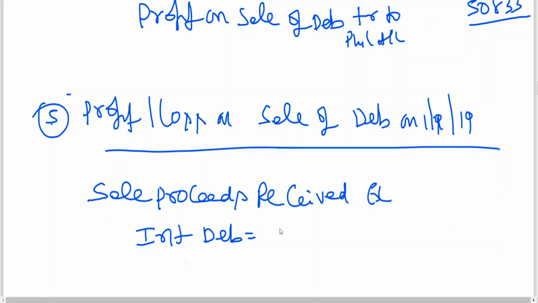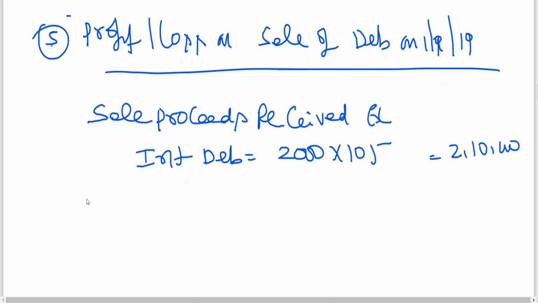So it has been sold: 2,000 into 105, no? 2 lakhs 10,000. This is not including interest. That's it. So even though the interest is not included, we have to calculate it.